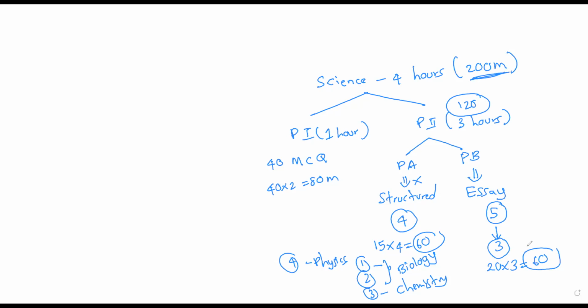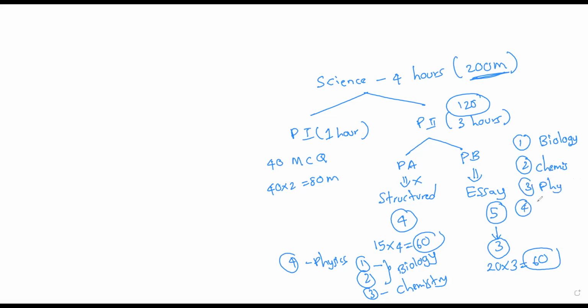Okay, so now if I tell the format of the essay question, children, the first question will be completely based on the biology sections. The second one is going to be completely based on chemistry, and the third one is completely a physics question.